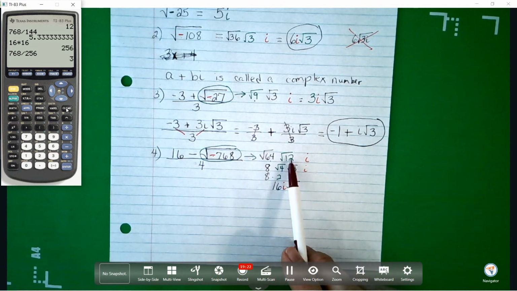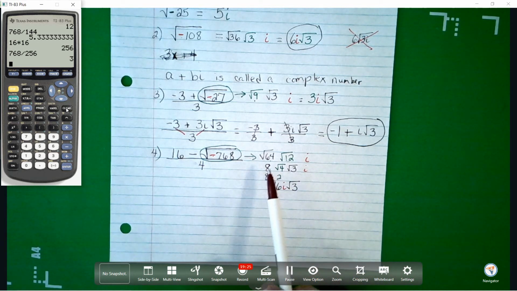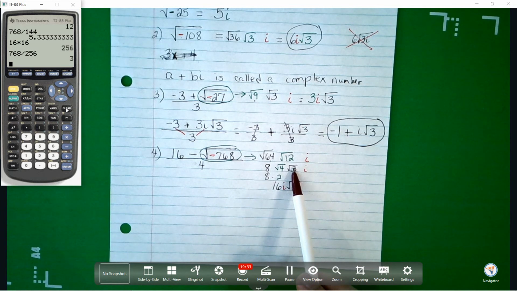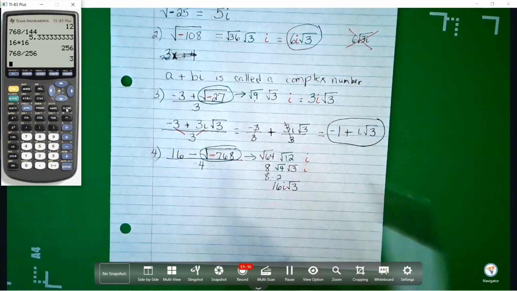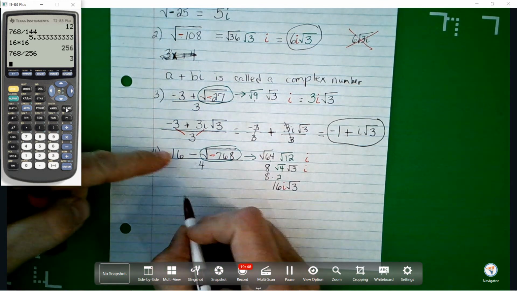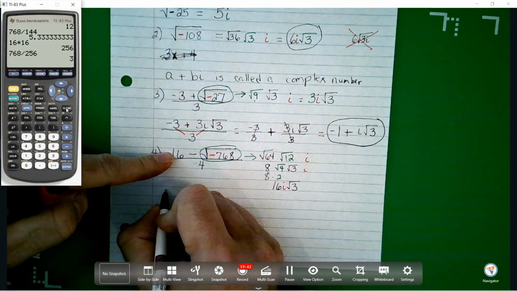But I wanted to show you how, if you can't figure out the absolute biggest, just break it up in steps. 64 times 12, square root of 64 is 8. Then simplify square root of 12 as 4 times 3.